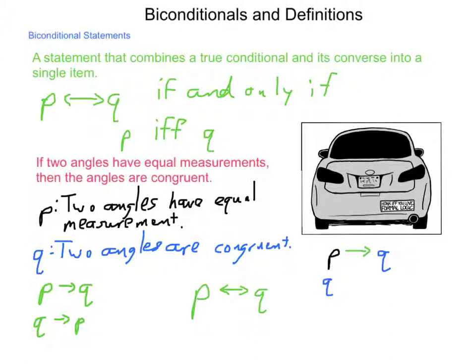It also states that if you love formal logic, then you will honk your horn, thereby implying that you will honk your horn if and only if you love formal logic. So if a person is stopped at a red light and it turns green and they don't go right away, you don't start honking your horn just to get them to move. You only honk your horn if you love formal logic.